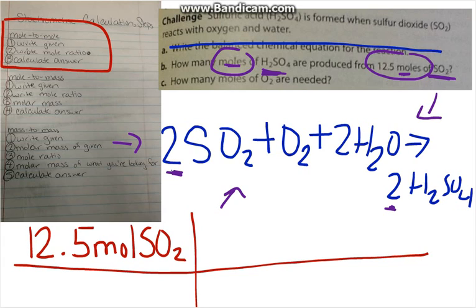This is for H2SO4. Then I look back down in my railroad tracks, and I see that I am trying to cross out moles of SO2. So then I look back at my equation and say, oh, okay, I can do that because right here I have moles of SO2. That's going to go on bottom, so I can cross it out.